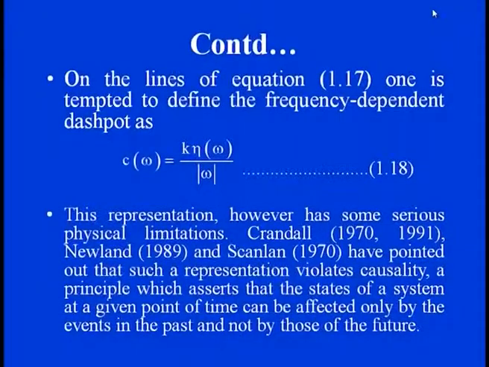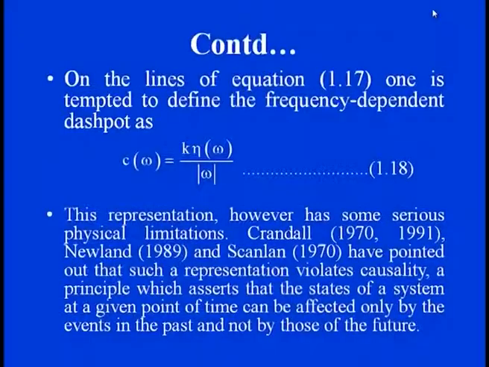So it's clear that the frequency dependent damping coefficient C(omega) is equal to k, that is the stiffness, times eta, the loss factor, which is also a function of frequency, divided by the modulus of that frequency component.